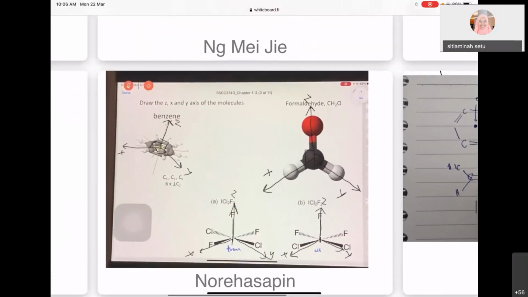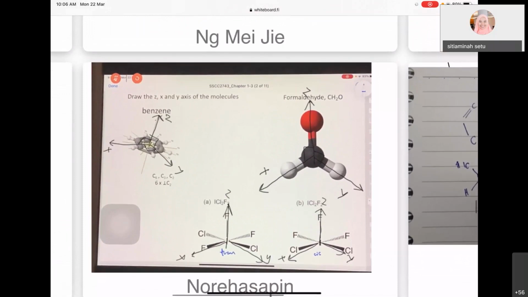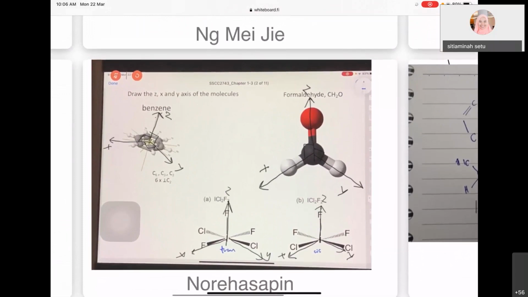Tengok sini. Ini daripada Noreha Sapin. Betul ke ni? Noreha. Okay. Alright. So the XYZ axis for the benzene. The first one here. So Z mestilah follow the principal axis. That mean the Z is here.